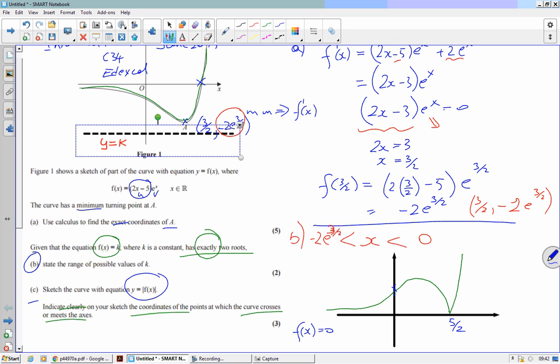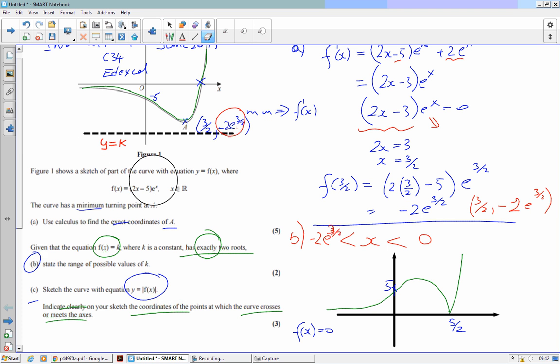Putting 0 into this function here, I will get minus 5, but of course I'm taking the modulus of that, so I'm getting plus 5. Okay, that's it.